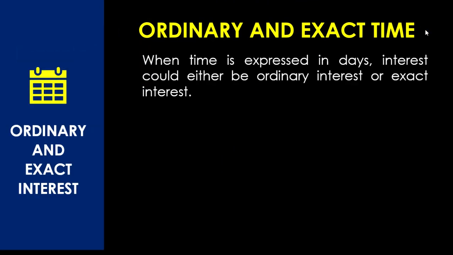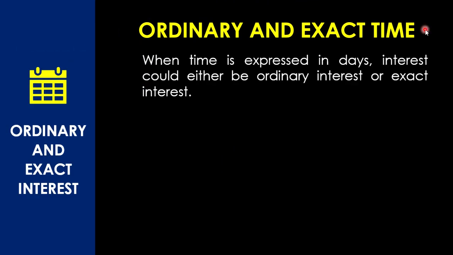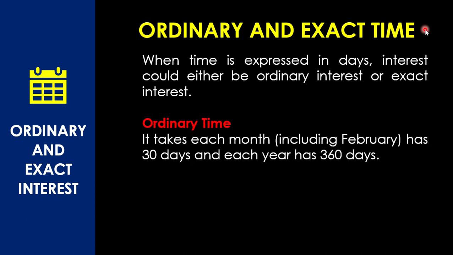Now, let's have our second subtopic here, which is the ordinary and the exact interest. In order to solve some problems with regards to this, we need the concept of ordinary and exact time. When it comes to ordinary time, all months are considered to have 30 days, including February.